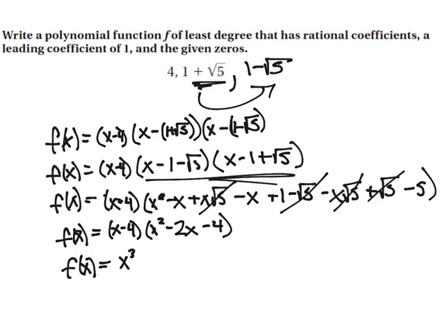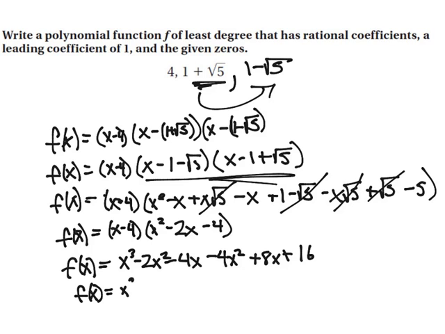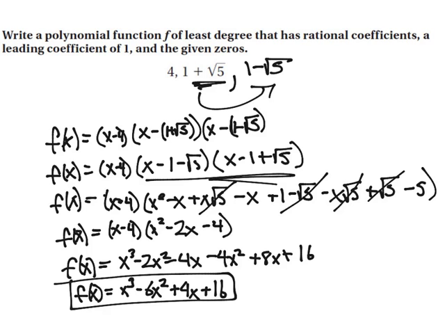So x cubed minus 2x squared minus 4x minus 4x squared plus 8x plus 16. Add up my like terms, and that is my polynomial. X cubed minus 6x squared plus 4x plus 16. And that is the polynomial.